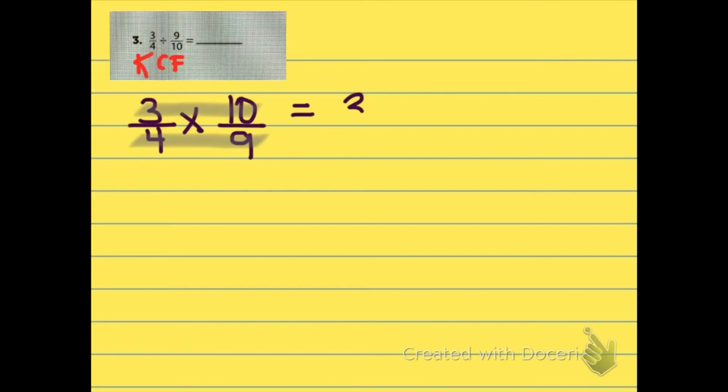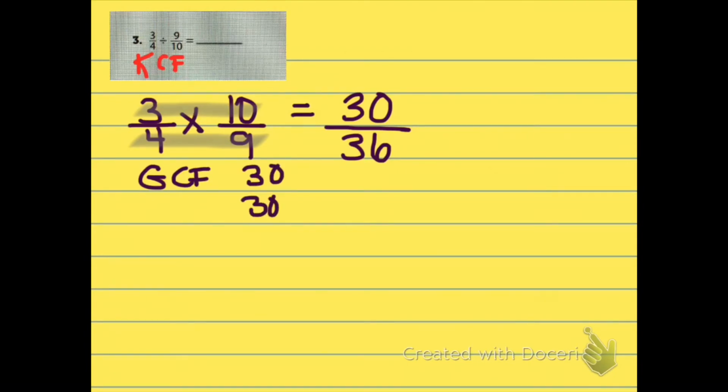And you get 30 over 36. Okay? Now, we don't have an improper fraction, but we need to find the GCF of 30 and 36. No problem.